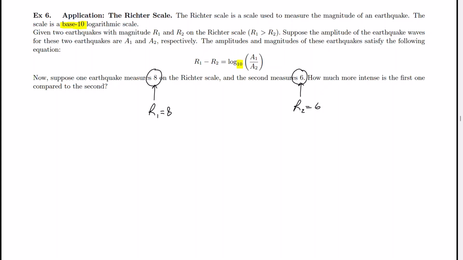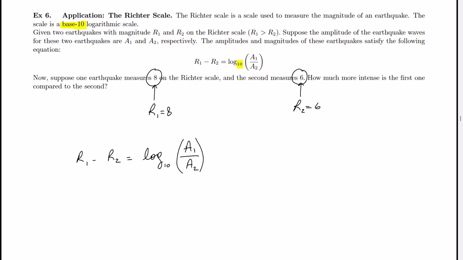So is A1 10 times A2? Is it 100 times A2? Is it 1,000 times? How much worse is the first earthquake that has magnitude 8 compared to the second one? Well, using the formula, we know that R1 minus R2 is equal to log base 10 of the amplitude A1 divided by A2.